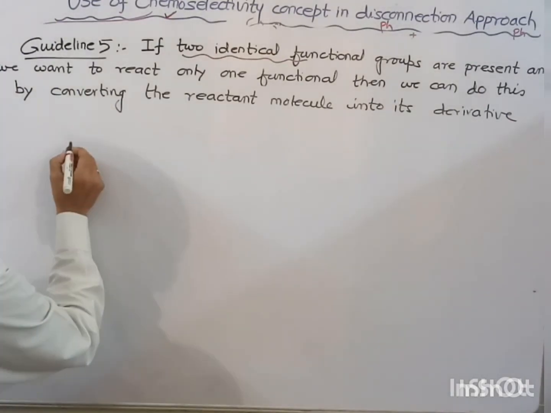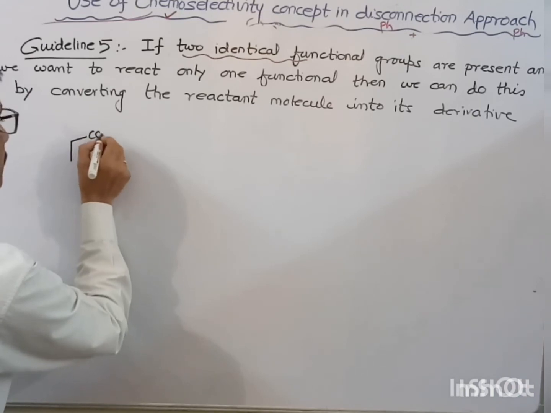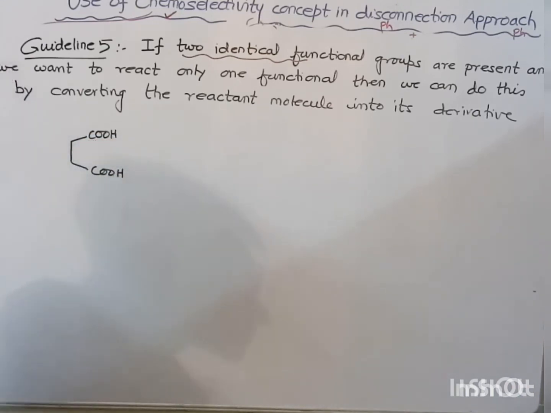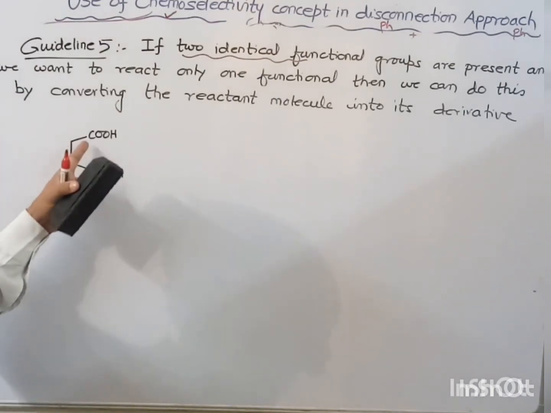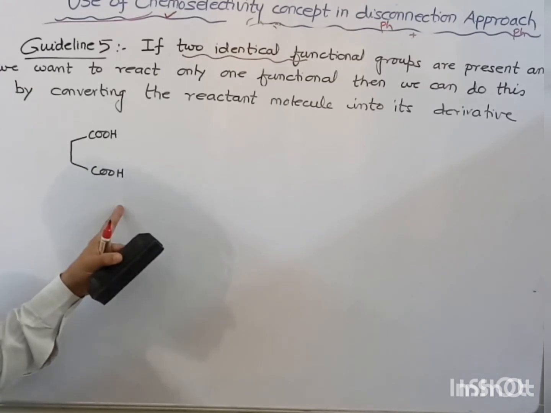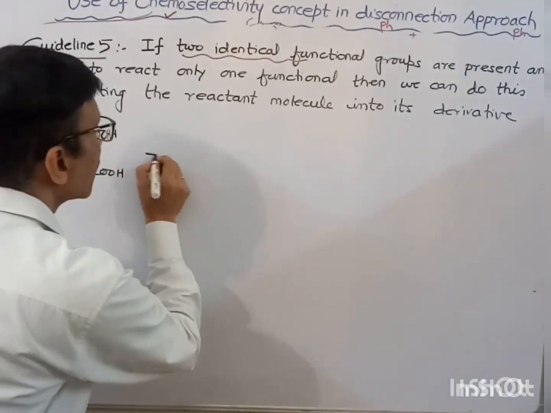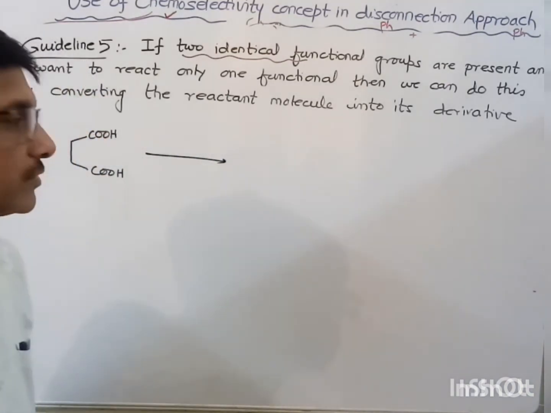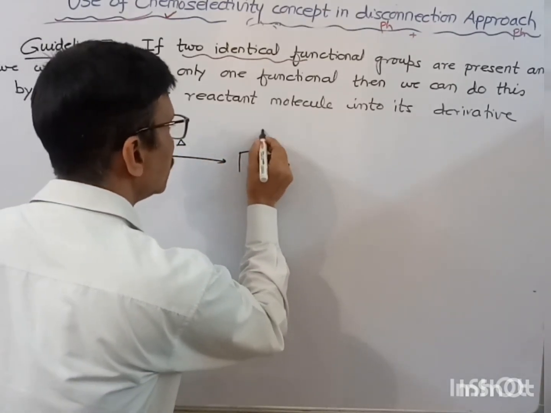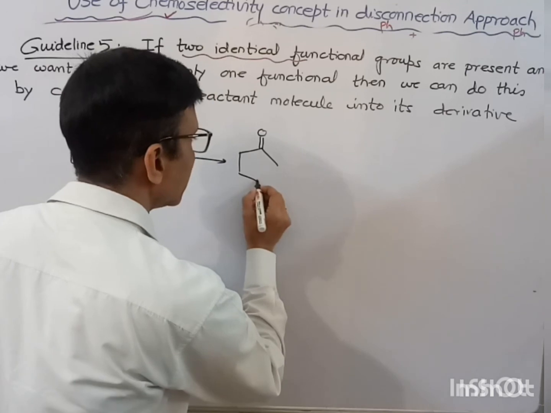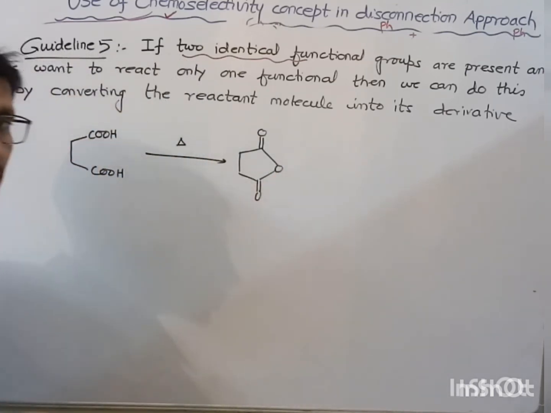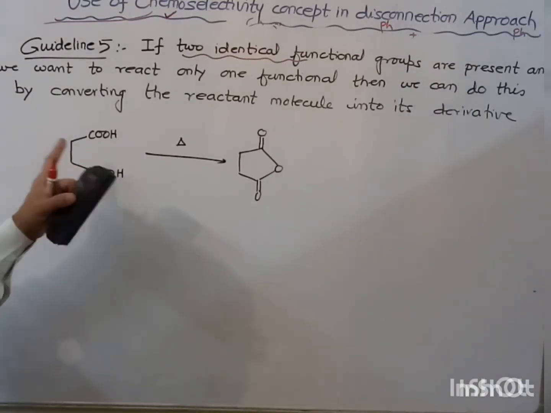For example, suppose this is a dicarboxylic acid. Two COOH groups are there. If we want to react only one COOH group, we can convert this into its derivative. By heating it, it can be converted into an anhydride. Now we can convert one functional group.